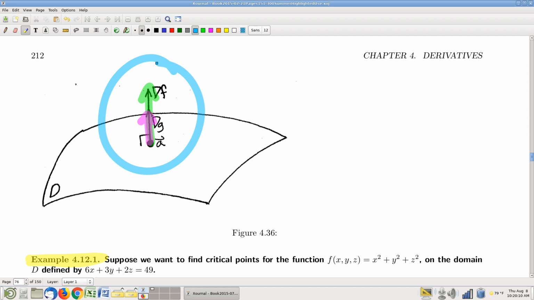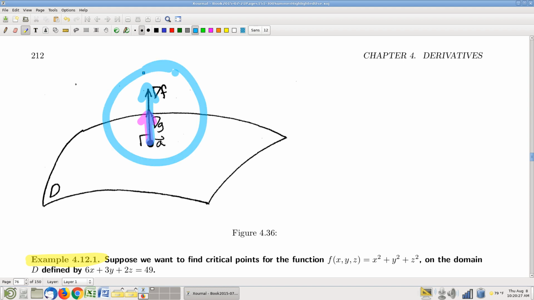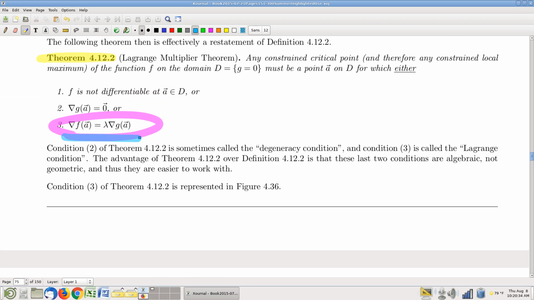I have to come back and talk about the asterisk. But generically, that would mean the gradient of f is a multiple of the gradient of g. Right? So this gradient of f being perpendicular to the surface is simultaneous, asterisk, with it being a multiple of the gradient of g. And thus this condition here.